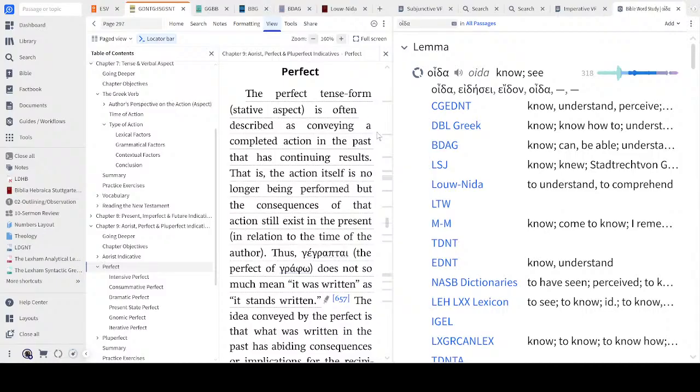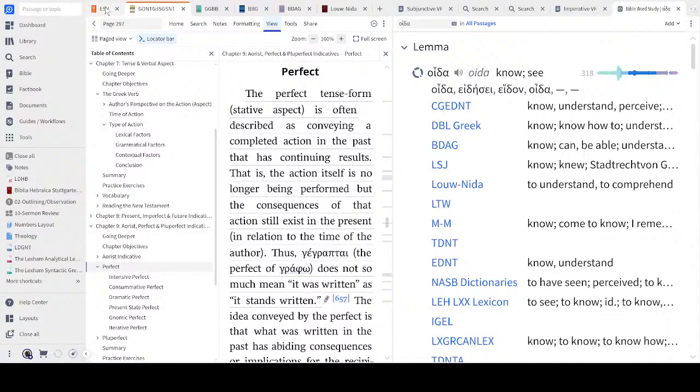Thus, gegraptai, from grapho. All right. So the perfect tense in Greek is a past event that has ongoing implications, ongoing consequences.